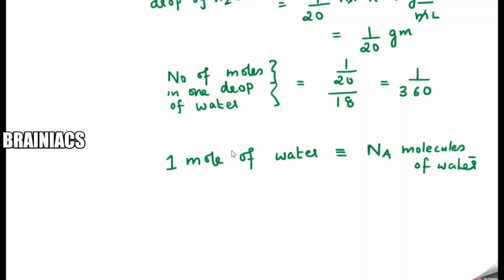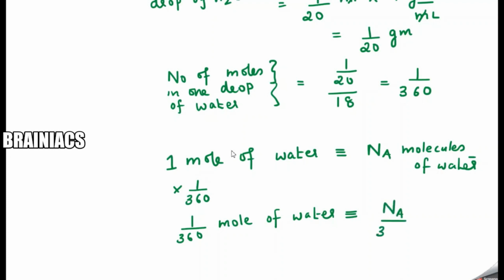So one drop of water has 1 by 360 moles. So we will multiply by 1 by 360 on both sides. So this will become 1 by 360 mole of water has how much? Here also multiply by 1 by 360. Na by 360 molecules of water.